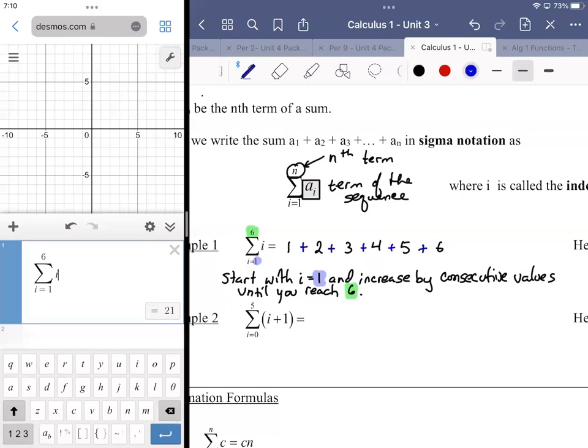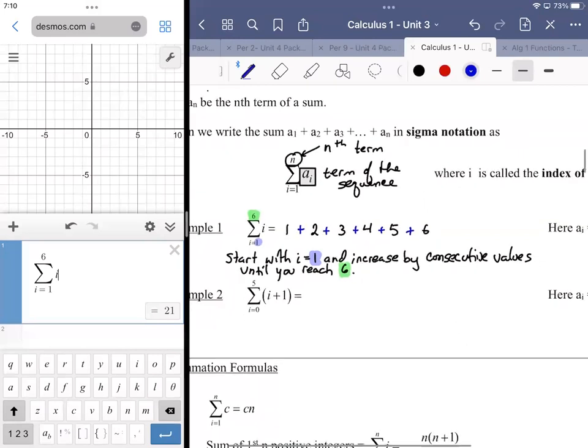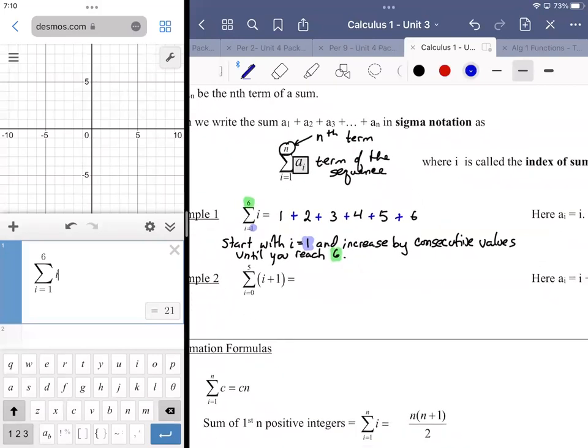So for the next one, it's saying start with 0. I'm really just going to do a copy paste job here.